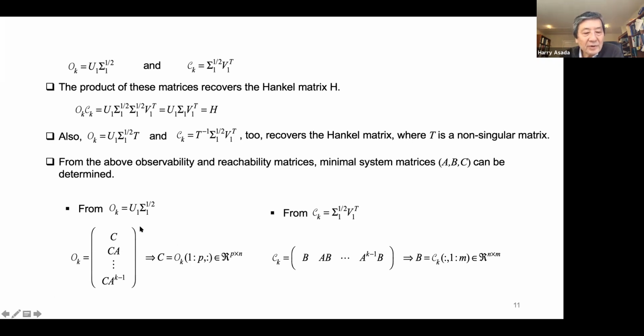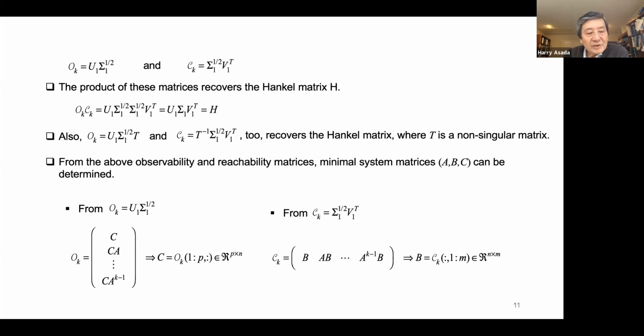If you look at O_K, the first block is C, and the second block is CA, and so on. The good thing is that in the first block, C is there, which we want to determine. Please don't get confused: this C is not the controllability matrix, this one is involved in the output equation or measurement equation, y equals C times x plus D something, right?